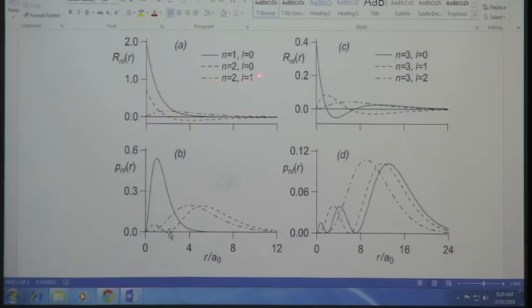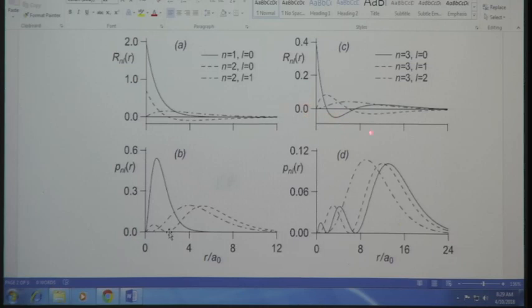For n equals 2, l equals 1, I obtain a dash dot function, this function. For higher values of n, for example n equals 3, l can take 3 values, 0, 1 and 2. So for l equals 0, I get this. For l equals 1, I get this. For l equals 2, I get this.